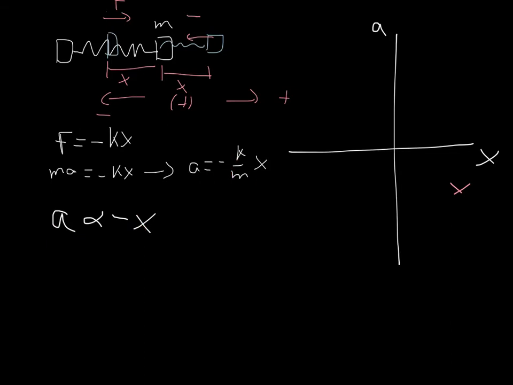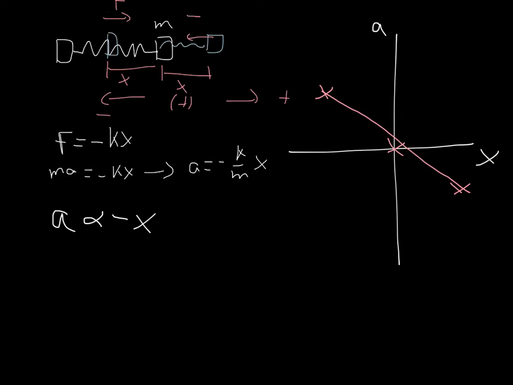And then when the displacement is negative, then the acceleration will be positive. So basically I have a line that has to be straight, because remember, this is directly proportional and should go through 0, but I can't draw. So I will have a straight line that goes through 0, just like that. And this is the typical graph for simple harmonic motion, if the acceleration and the displacement are proportional to each other, but when this is positive, this is negative.